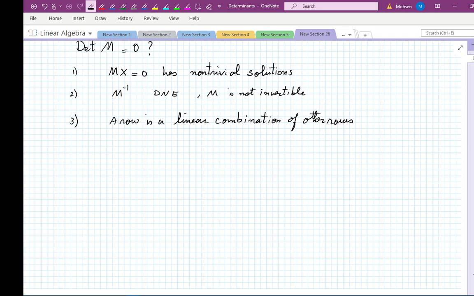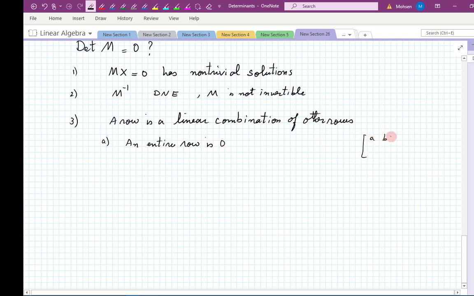One of the very easy cases that you can list here is an entire row is zero. Like meaning what?